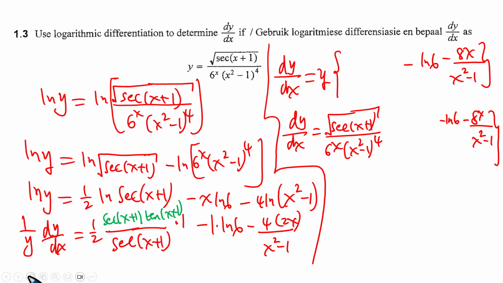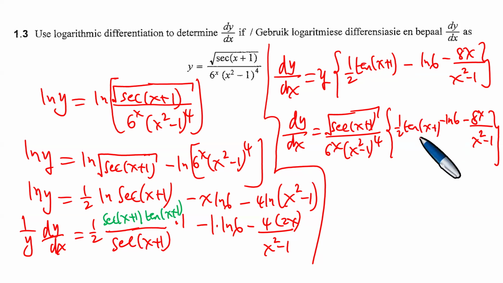So this is going to be 1/2 the tan of x plus 1. This is exactly what we get.